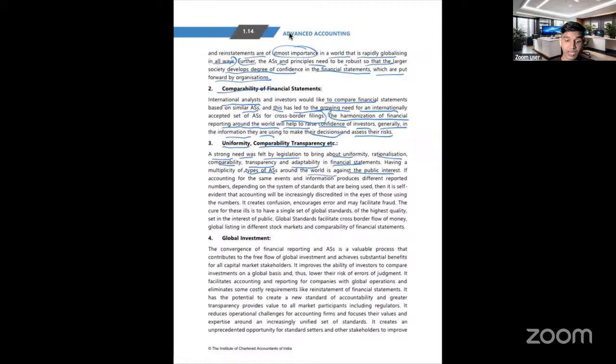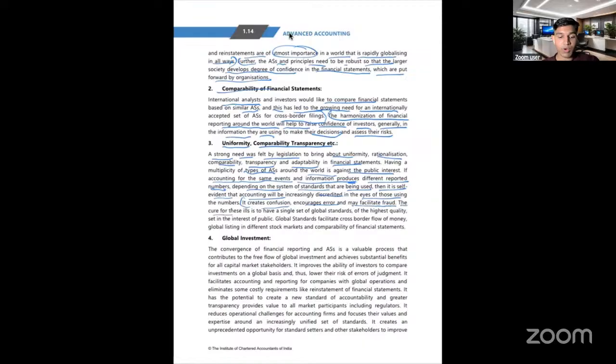If accounting for the same event and information produces different reported numbers depending on the system of standards being used, then it is self-evident that accounting will be increasingly discredited in the eyes of those using the numbers. It creates confusion, encourages error, and may facilitate fraud.